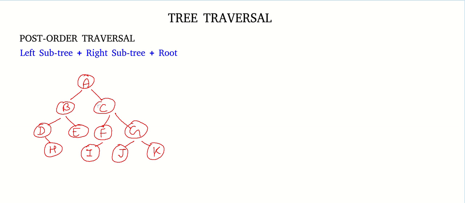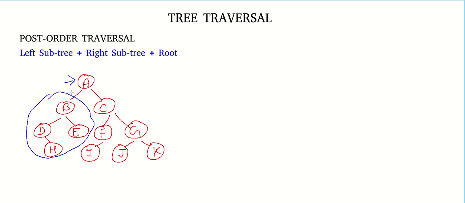So let's take an example to traverse a tree in post-order manner. This is the tree we have, which we used in pre-order traversal as well. So let's start. We are at A now. Now we need to take the left subtree of A, that means this complete tree.